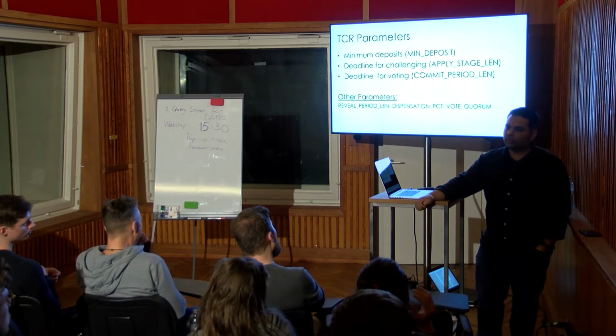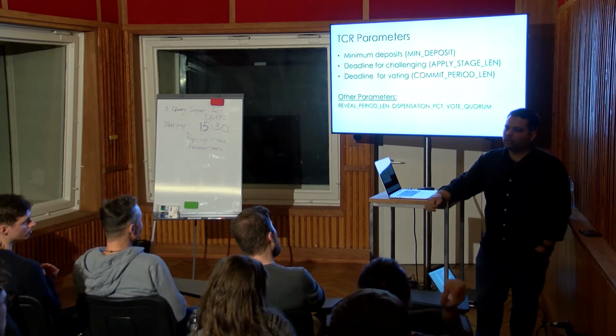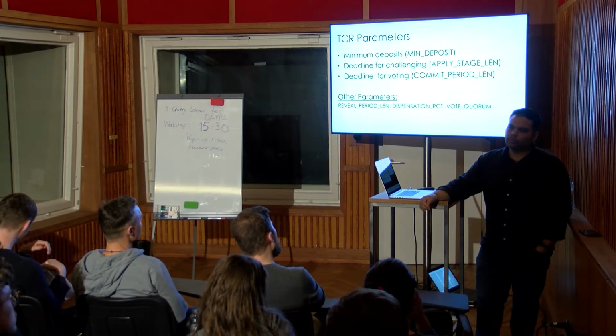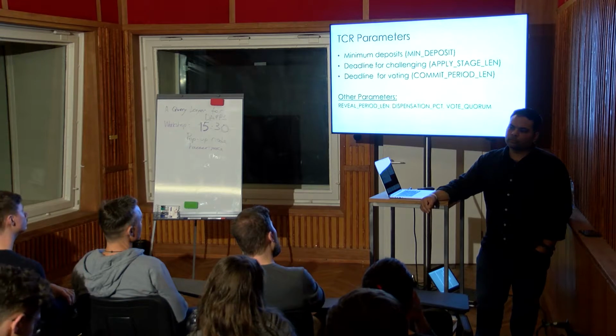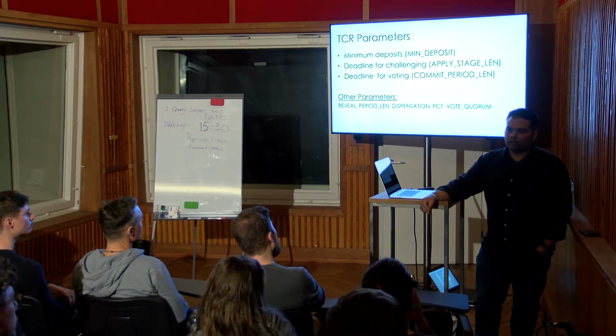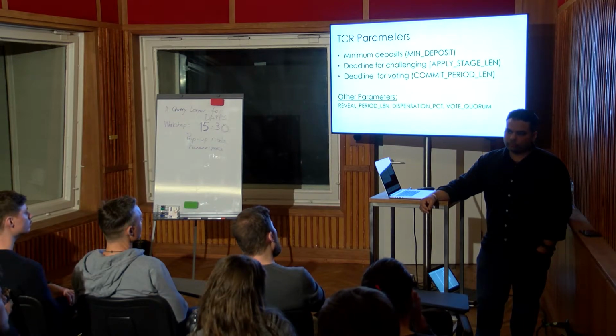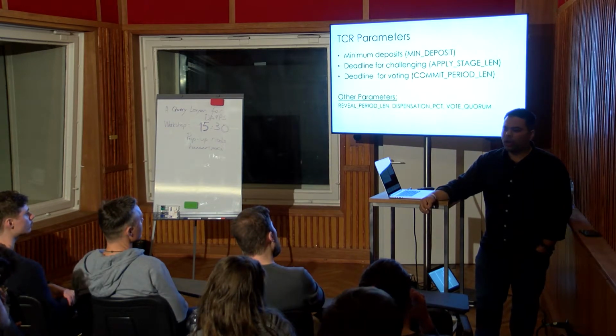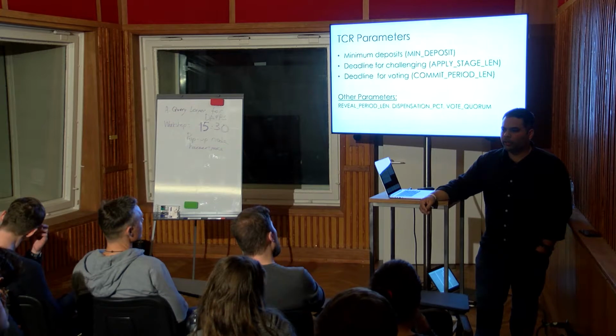Okay. Yes, please. Are there examples of TCRs that are using a token model where there's not a finite supply, or for example where it's an exchange of Ethereum for one of these tokens? I am not aware of such examples actually. But I don't see why not. There could be bonding curve related tokens and stuff.